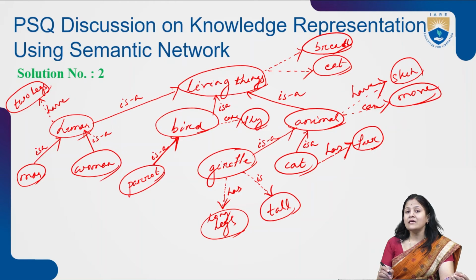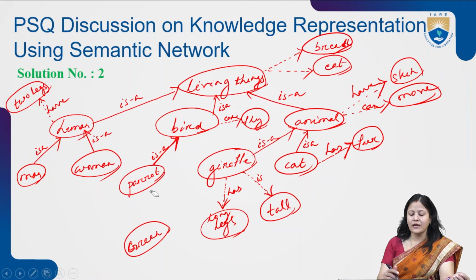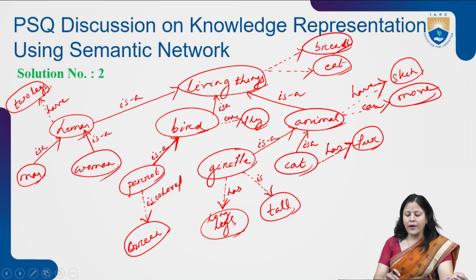And parrot is green in color. So green is a class, green is the attribute. As it is an attribute, we represent it with a dotted arrow mark, with the relation is-colored. So parrot is green in color.